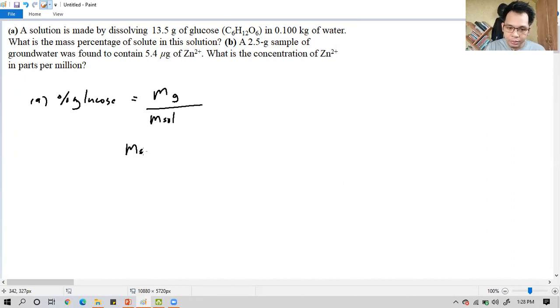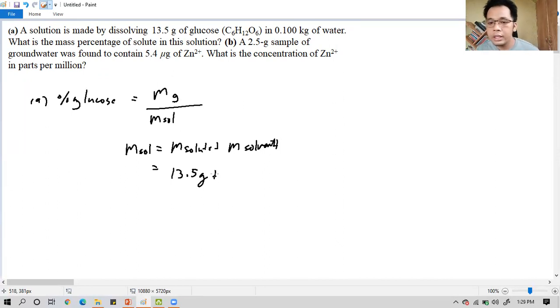Where the mass of solution is equal to the mass of solute plus the mass of the solvent. Now in this problem, what is the solute? The glucose. What is its mass? That is 13.5 grams. What about the solvent? The 0.1 kilogram of water.